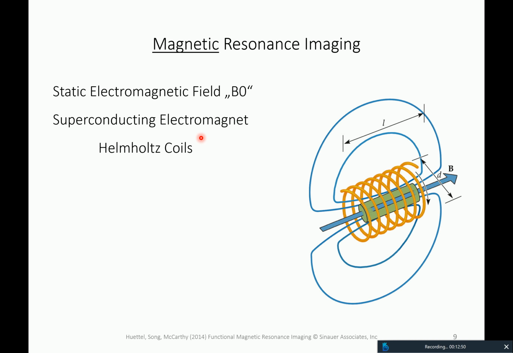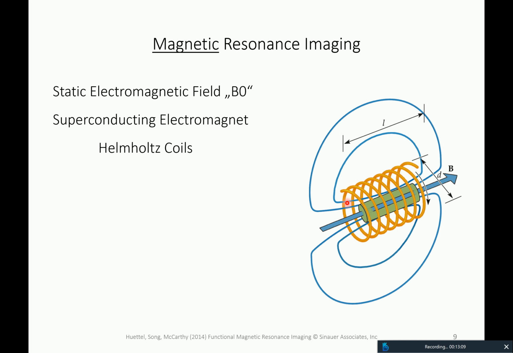This electromagnet means that there's some current that induces this magnetic field, and it's superconducting in the sense that the whole coil that generates the magnetic field is cooled down a lot.